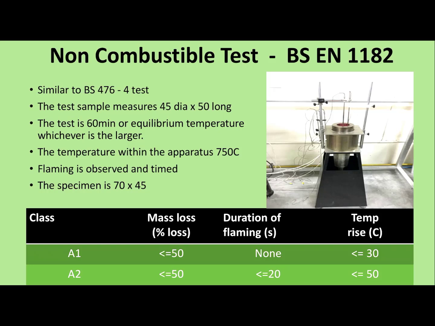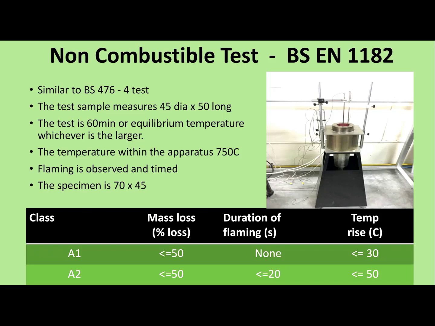That's calibrated quite accurately to 750 degrees. Plus, there are some small tolerances, but for all intents and purposes, it's 750 degrees. And the reason there's no lid on it is because you need to be able to observe the flames, if there are any flames. Anything over 5 seconds must be recorded.